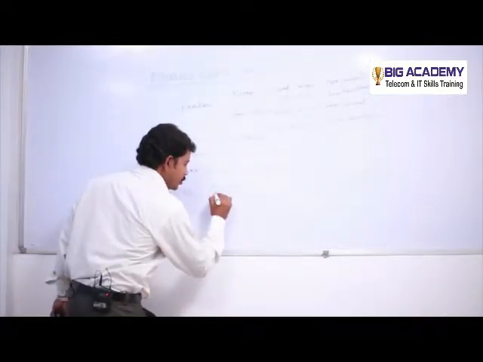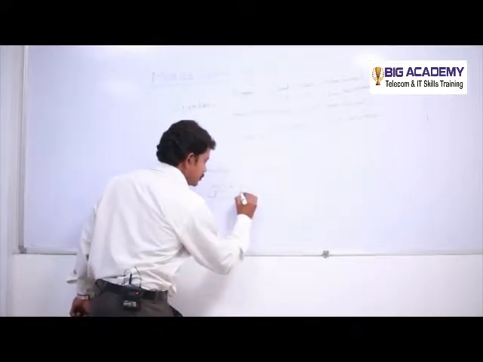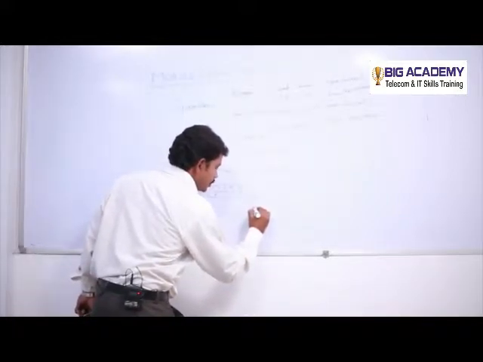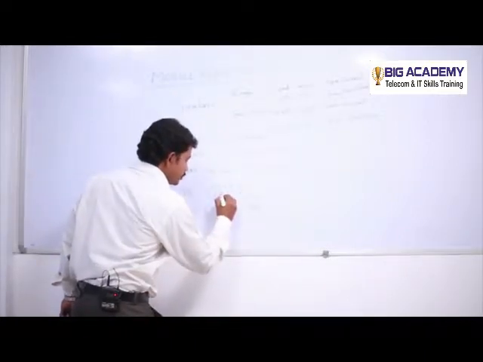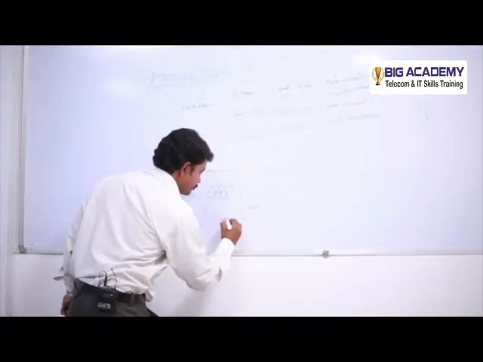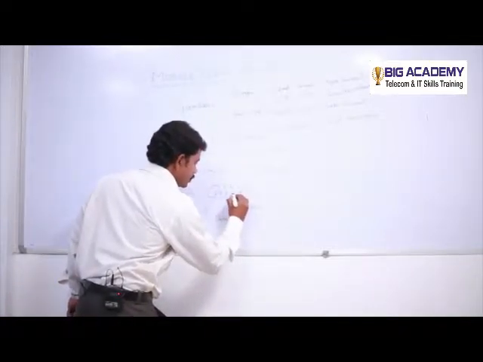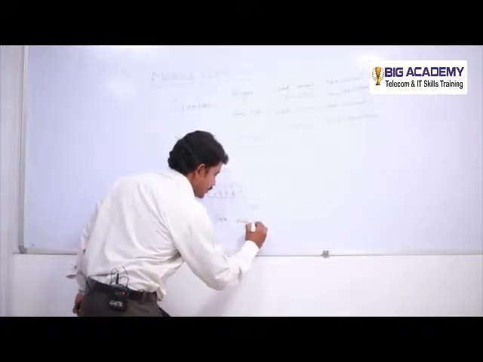And this is voltage. Fifth point is ground. 2 and 3 is for data. And the fourth pin is mode select.